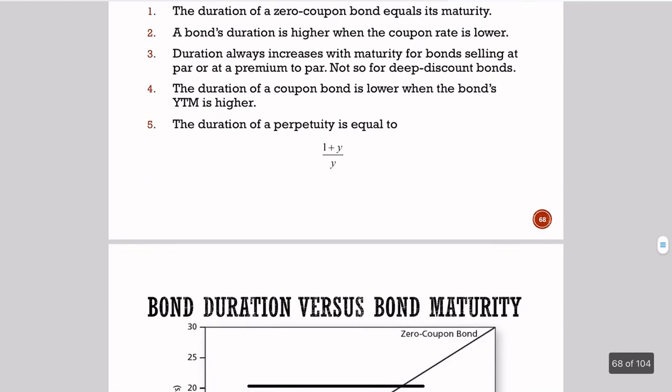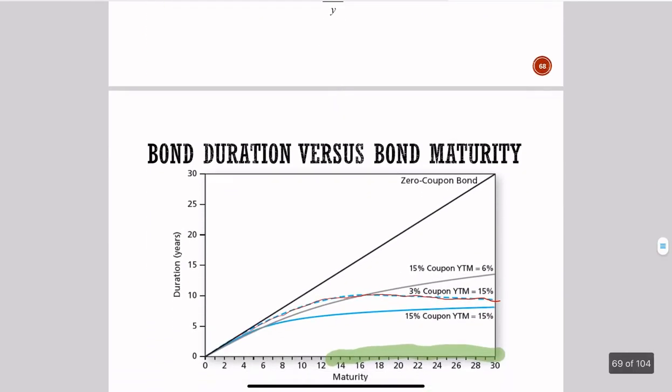Fourth, the duration of a coupon bond is lower when the bond's YTM is higher. Now, how do you see this result here? You could basically compare these two coupon bonds, right? And you can see that the bond with yield of 15% always has a lower duration, right?